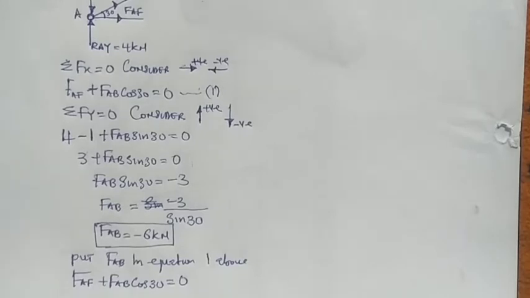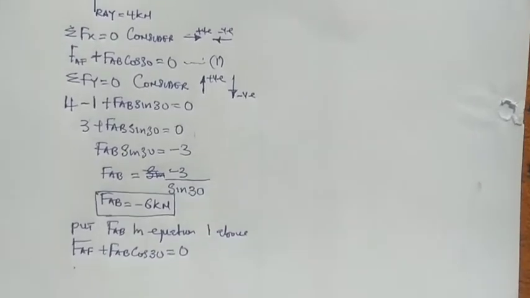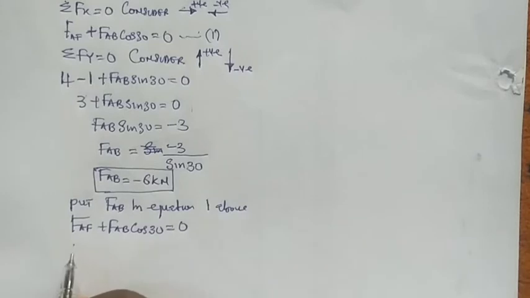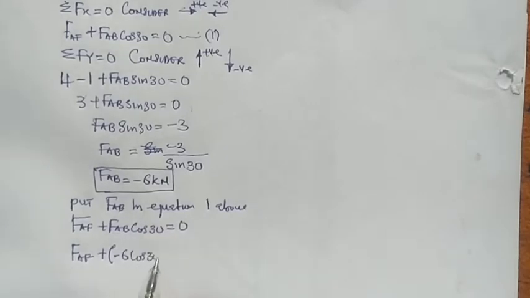So from here, FAF plus FAB is minus 6 cos 30 equals to 0.